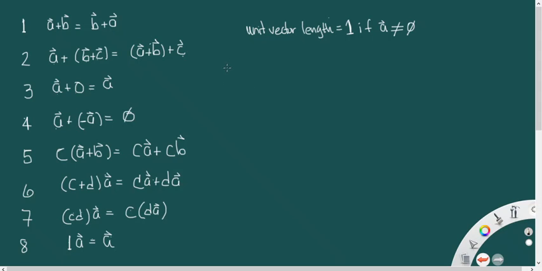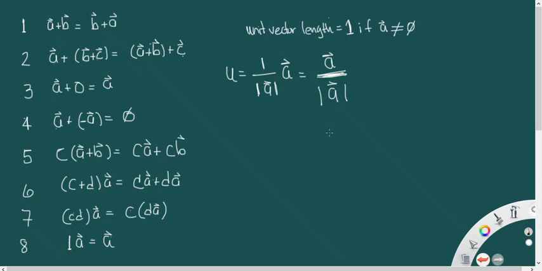So the general formula for this unit vector will be 1 over the length of the vector times the vector. So in a more general way, we will have the vector itself divided by the modulus or the length of the vector.